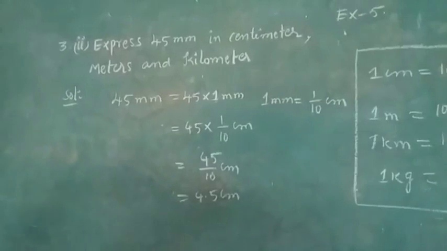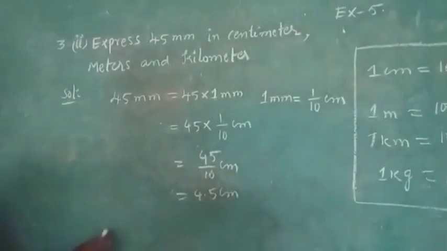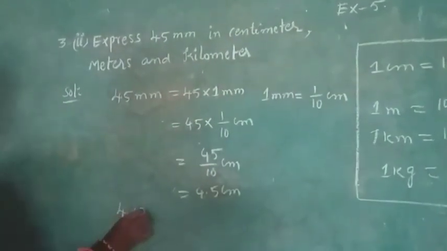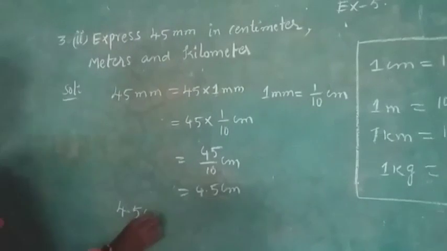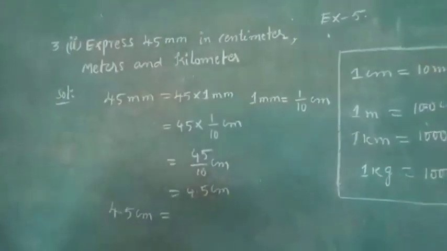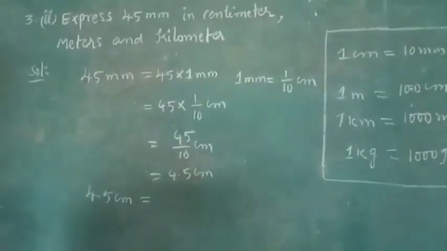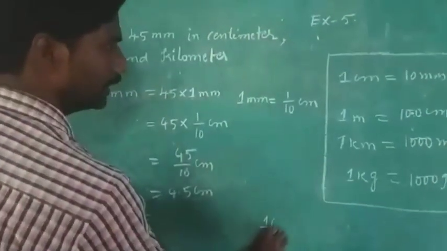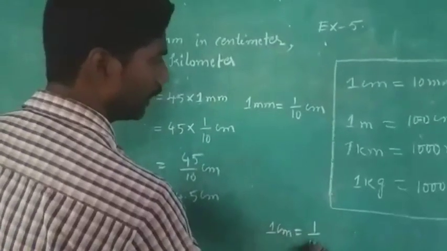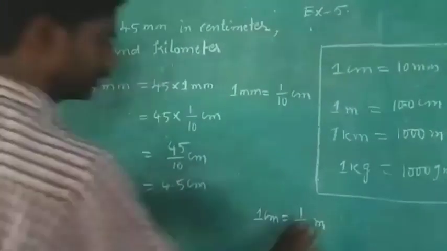Now centimeters into meters. 4.5 centimeters, you are going to change into meters. 1 centimeter is equal to 1 by 100 meters. Keep that in your mind.